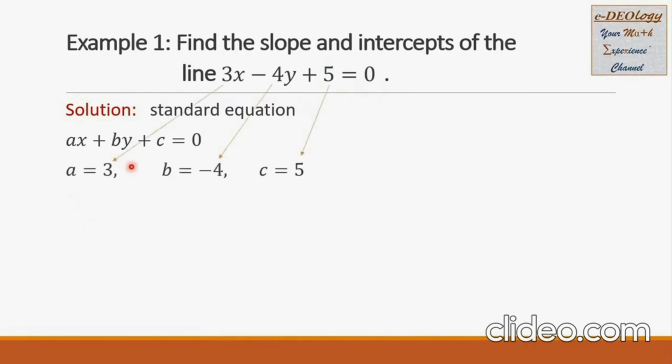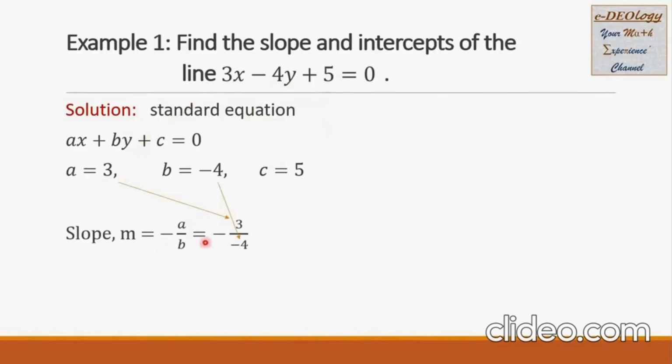Our a is equal to 3, and that is the coefficient of x. The b is negative 4, which is the coefficient of y, and c is the constant 5. Now let us get the slope. The formula is negative a over b.